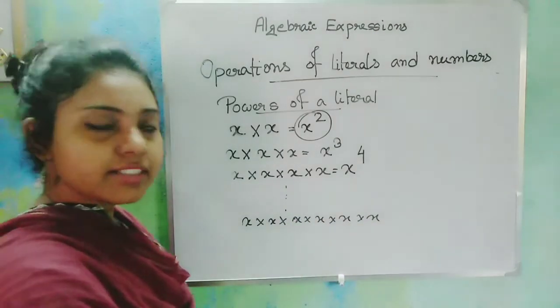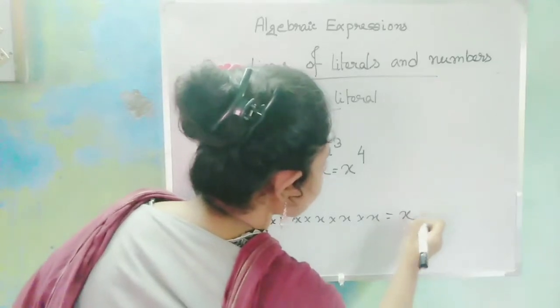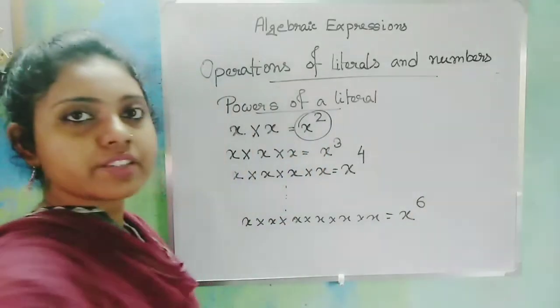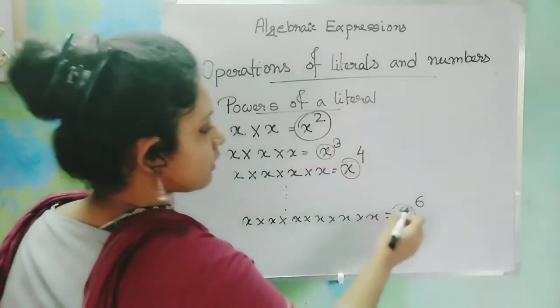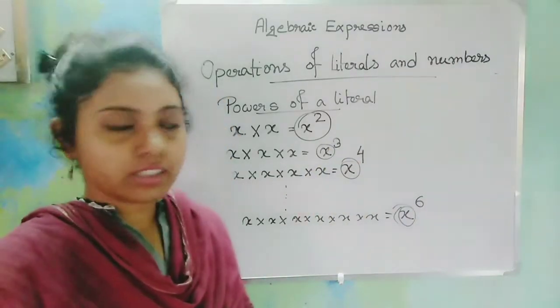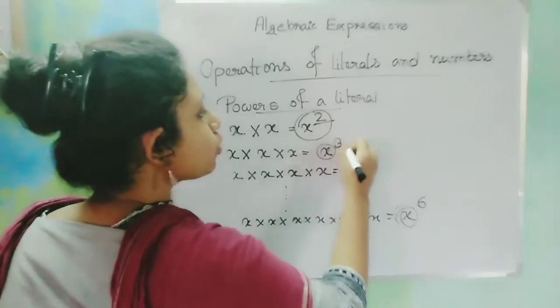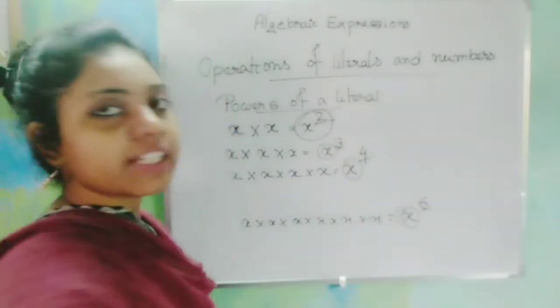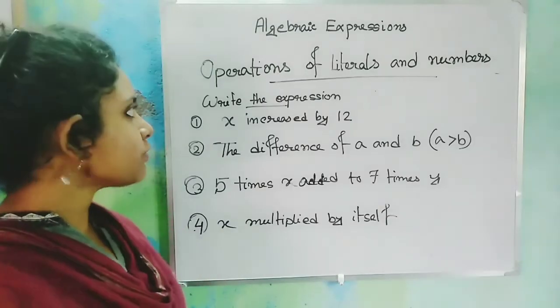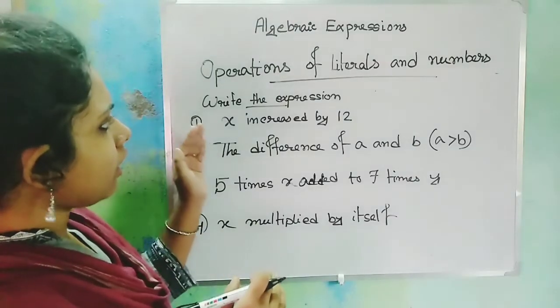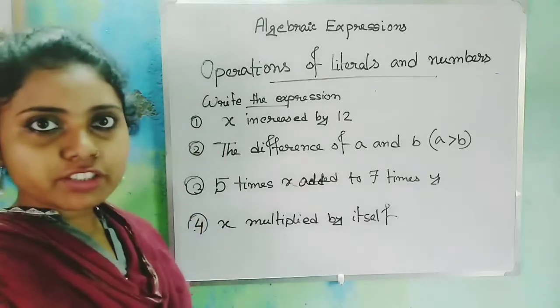There are 6 x's, so we can write x to the power 6. Here these x's are called base, and 2, 3, 4, 5, these are called exponent or powers. Now we will solve some problems about this topic.